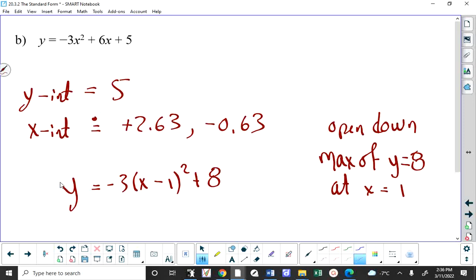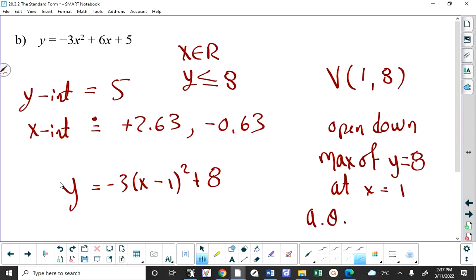The vertex is at 1, 8. The domain is x is any real number. The range would be y is less than or equal to 8 because it opens down. Help a guy out here. What am I missing? Oh, axis of symmetry. The axis of symmetry is at x equals 1.